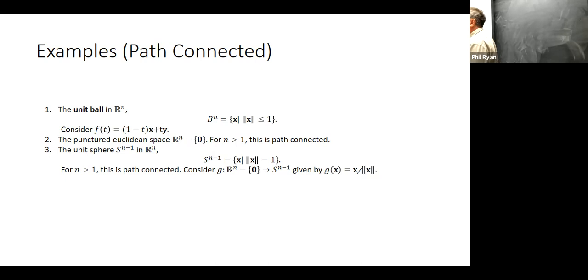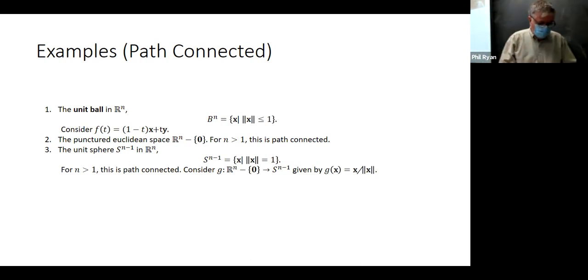And just like the continuous image of a connected space is connected, the continuous image of a path connected space is path connected. Again, because the continuous image of a path is a path. So any way that you can go in your domain space, if you've got an image, you can get a path by just pushing the path forward from the space you started with. Okay, so that's examples of path connectedness.